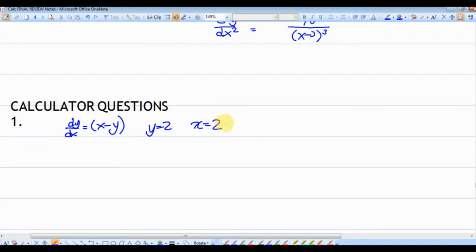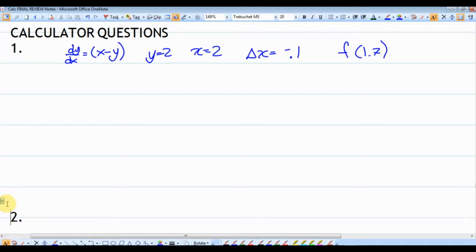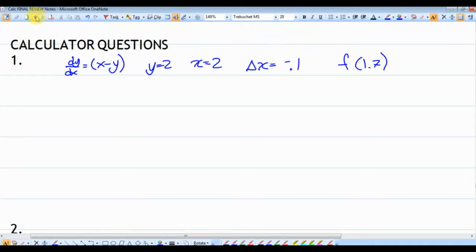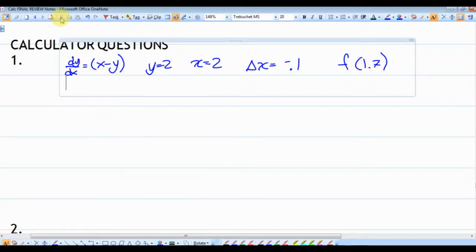We're supposed to use increments delta x equals negative 0.1, and we want to find f of 1.7. So we're going to have to do this, I think, 3 times. Let's make a chart. It's not that hard.